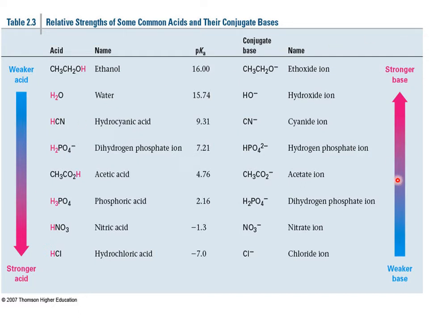That is the opposite on the other side, where the base becomes weaker. Okay, inverse relationship. Take note also of the pKa values, that if the pKa is a big number, it means it is a weaker acid. If a pKa is a small number, even negative, it becomes a stronger acid.